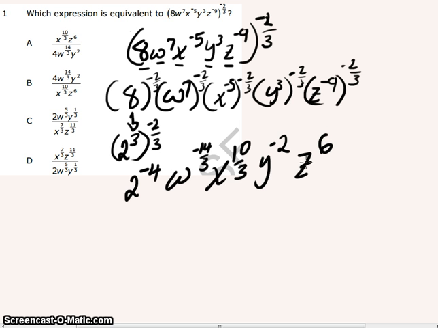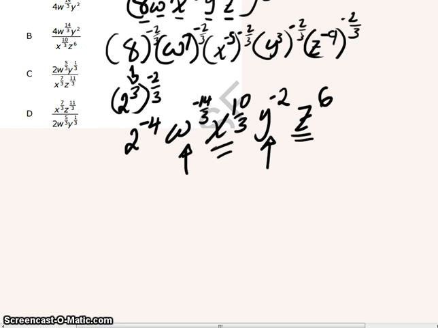Okay. Now, once we have this, all we have to do is simplify it further. Probably one more step. As you can see, we cannot have negative exponents. If we have negative exponents, we have to write them as a fraction. So we have w and y with negative exponents. The others stay on the top, which is x to the power of 10/3, and then z to the power of 6.